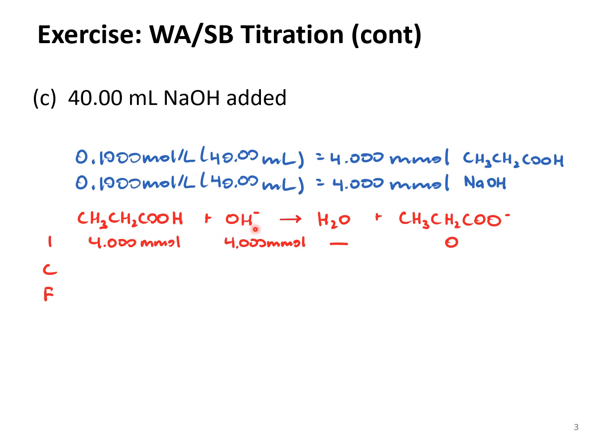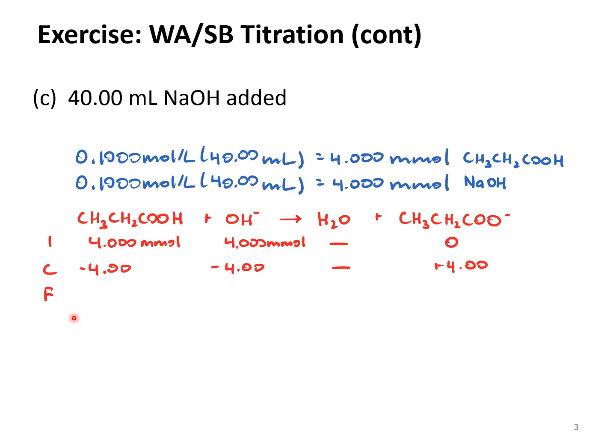For the change in the number of millimoles, we see that since we have the reaction of a weak acid with a strong base, all of our weak acid, propanoic acid, will react with all of the strong base, since we have an equal number of millimoles of each. And so the change in this case will be -4 for the reactants, and looking at propanoate, we see that the change will be +4, because 1 mole of propanoic acid produces 1 mole of propanoate.